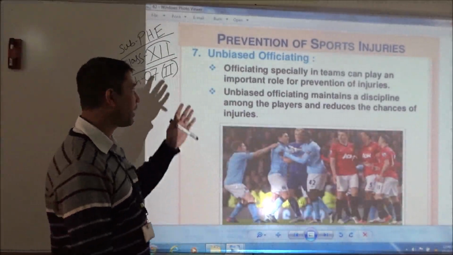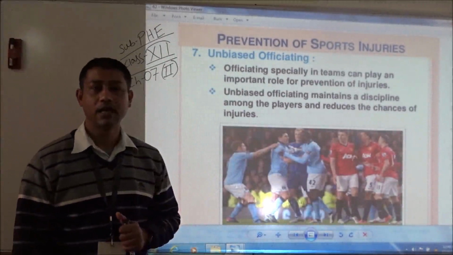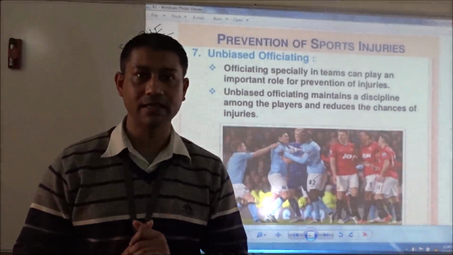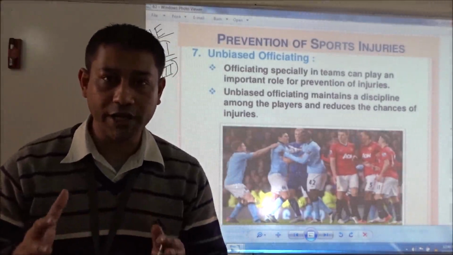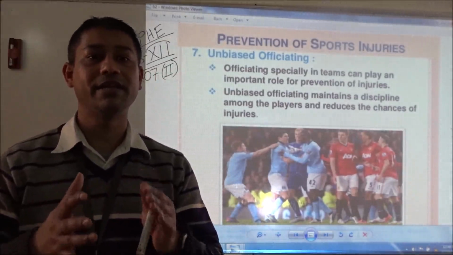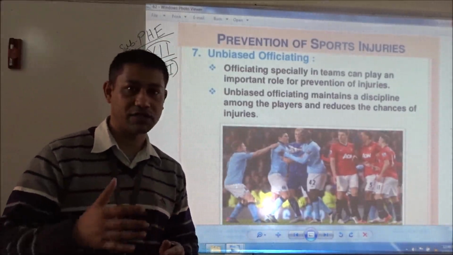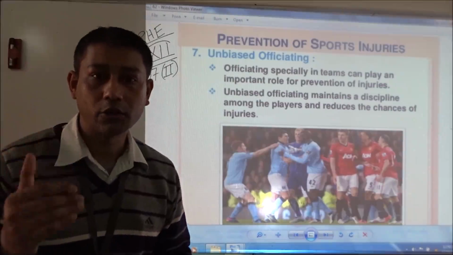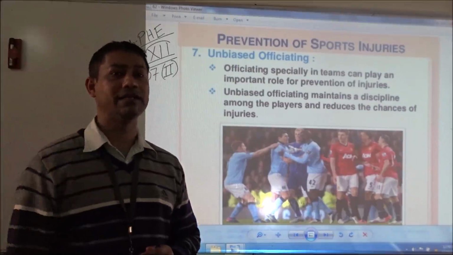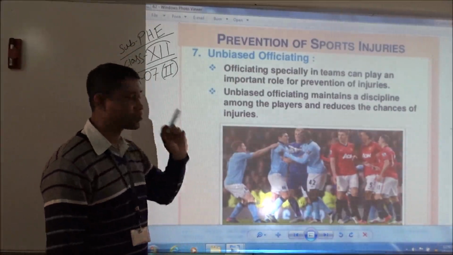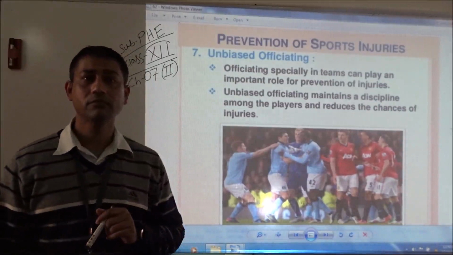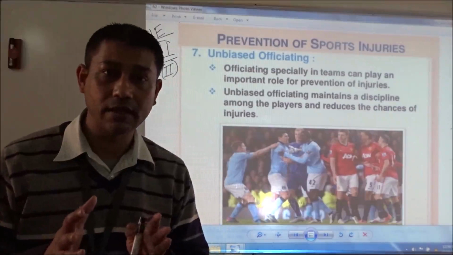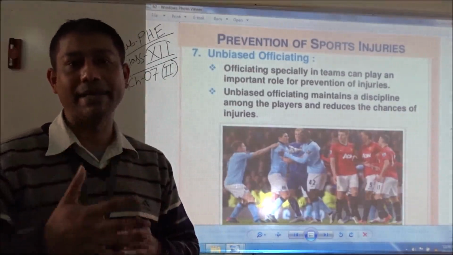Next is unbiased officiating. Biased officiating means showing discrimination by the officials, who are not doing their job properly. That is why unbiased officiating has to be mandatory.